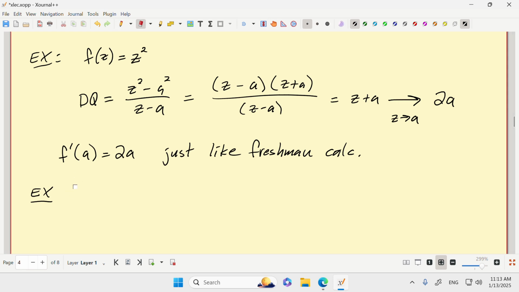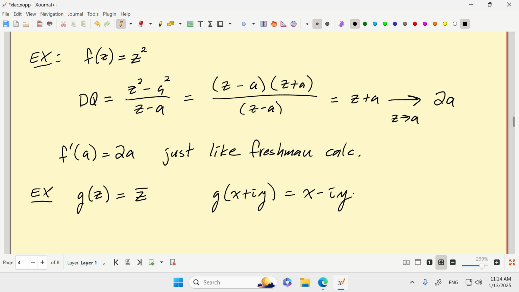Maybe I'll use a different letter. All right. g of z equals z bar. Or in other words, g of x plus iy is equal to x minus iy. Turns out that limit doesn't exist.